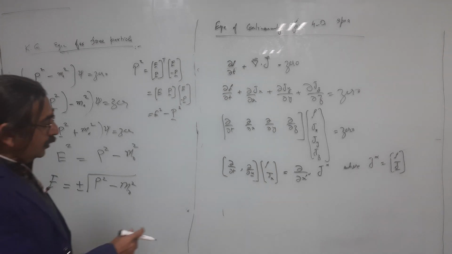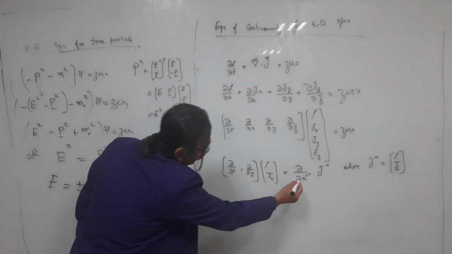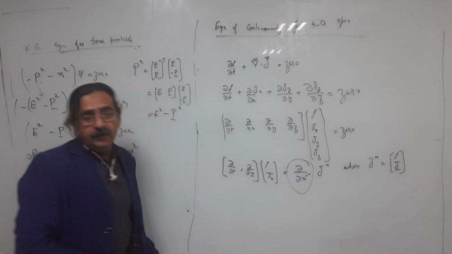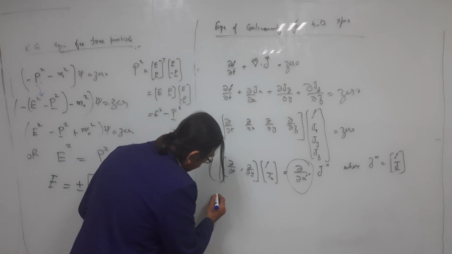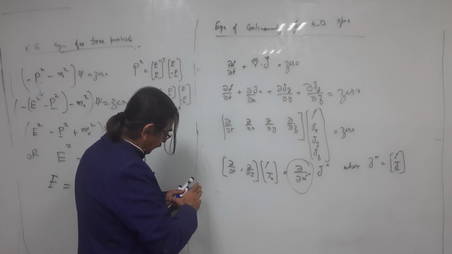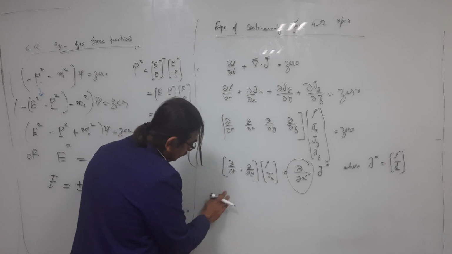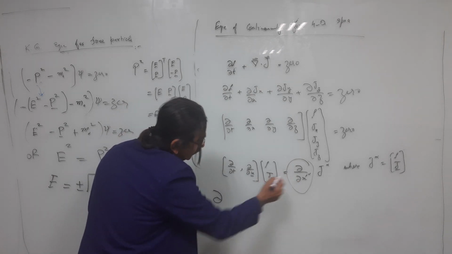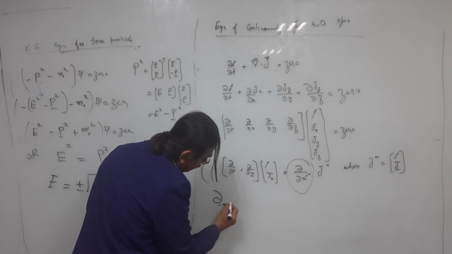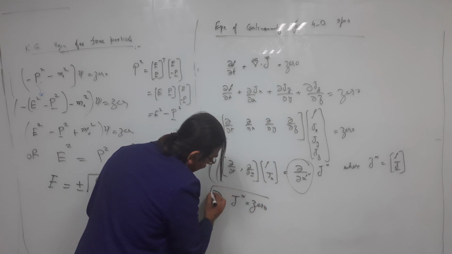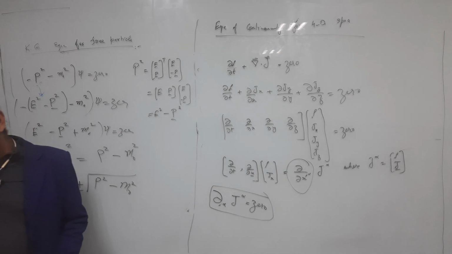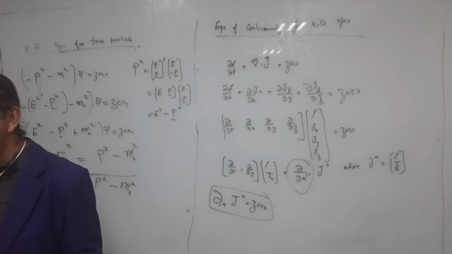As I have said, this J is the same as we have discussed in the Schrodinger wave equation. So, what is this? If there is a contravariant in the denominator, that will be a covariant. So this is covariant, and this is the current density in 4-vector form.